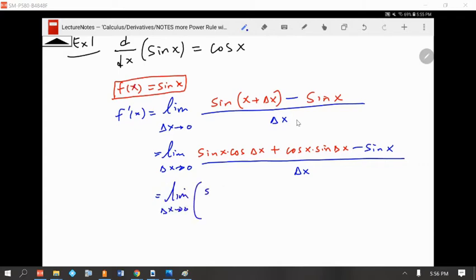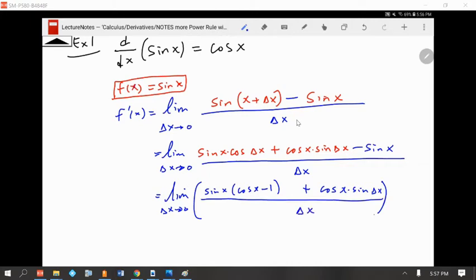I could factor out a sine x, and that would leave me with a cosine delta x minus 1, and a plus cosine x sine delta x. Sorry, shoot. This is delta x. And this is all over delta x.